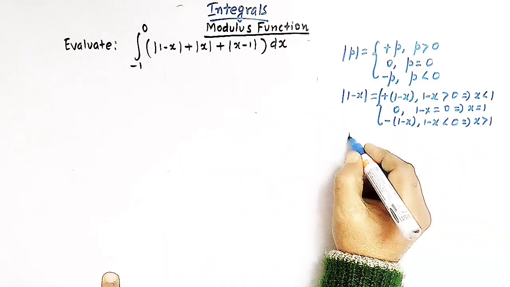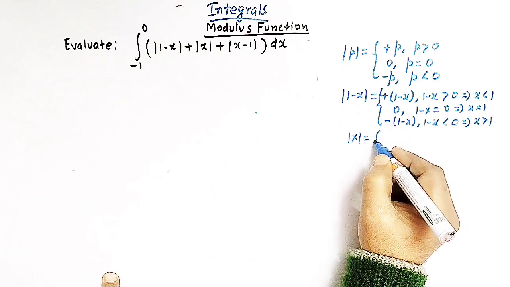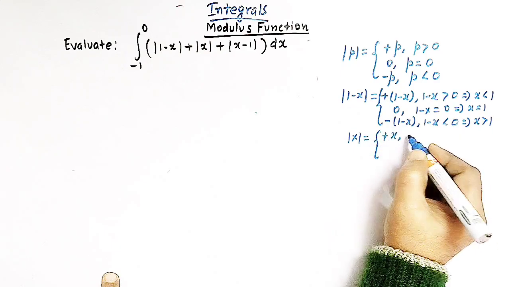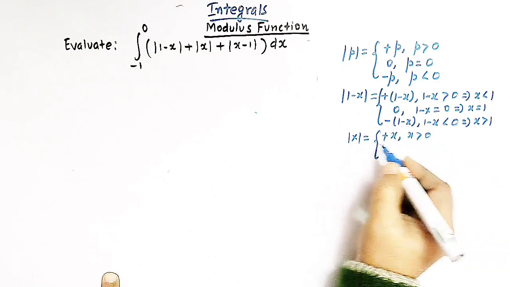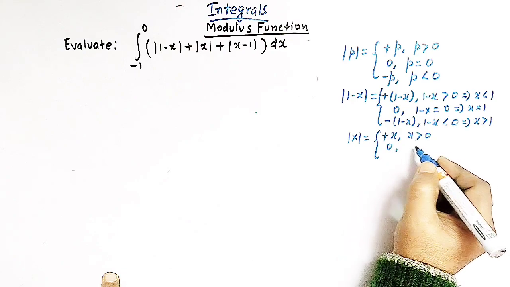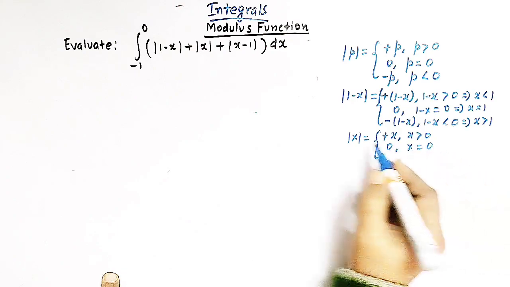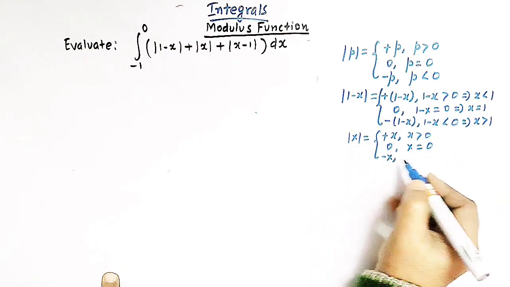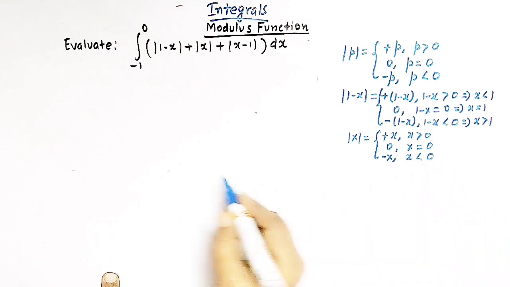Okay, now a mod of x can be defined as positive x whenever x is greater than 0. Mod of x is 0 whenever x is equal to 0, and this is negative x whenever x is less than 0.